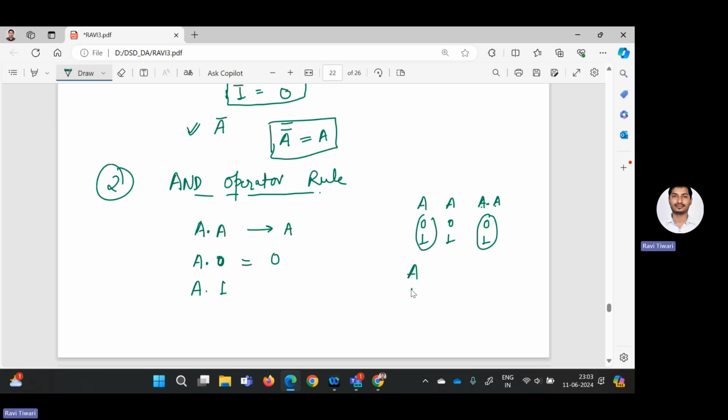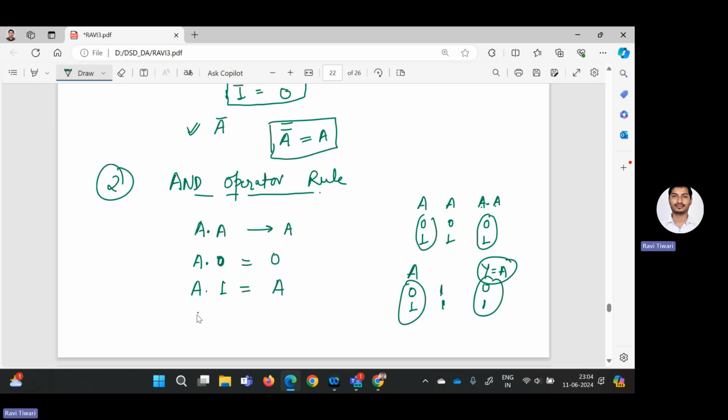A can be either 0 or 1, and I am multiplying with 1. 0 multiplied by 1, you will get 0. 1 multiplied by 1, you will get 1. That means Y is equal to A only. Whatever the input, the same I am getting as the output. That means A dot 1 is equal to A only.